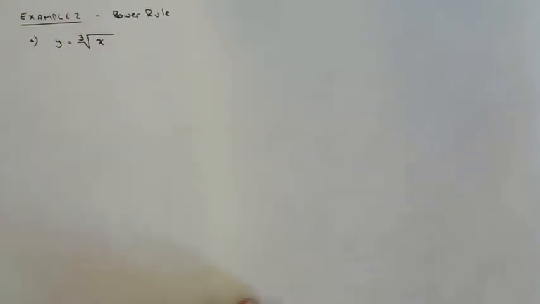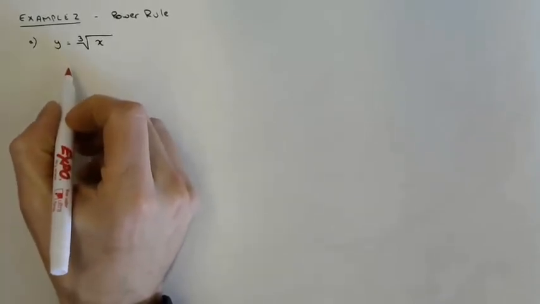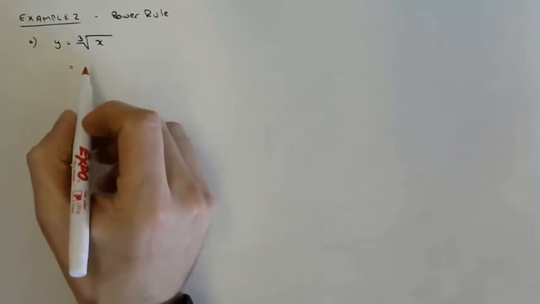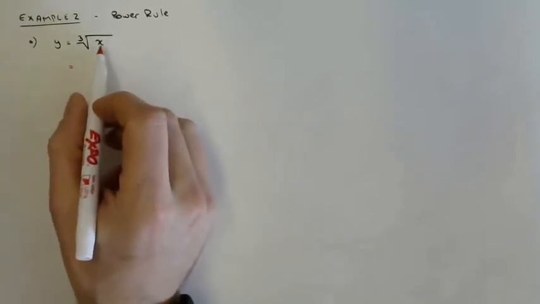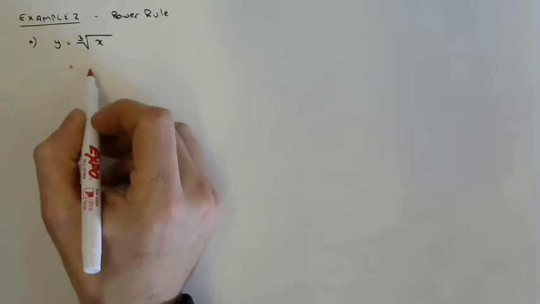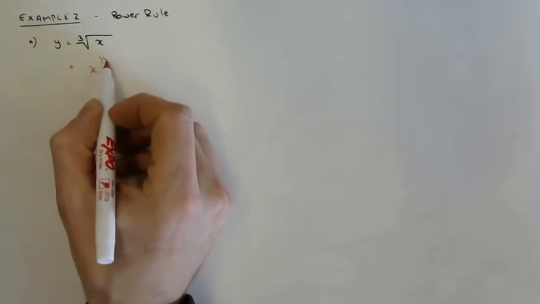Okay, so right away, cube root, we don't have any derivative rules expressly to deal with that, but what can we do? We can put this into an exponent. So the cube root of x is equal to x to the power of 1/3. And now we have something that we can apply the power law to.